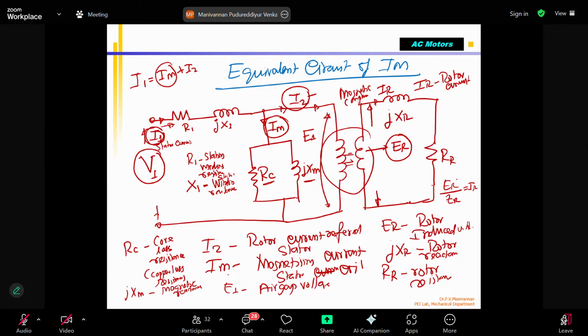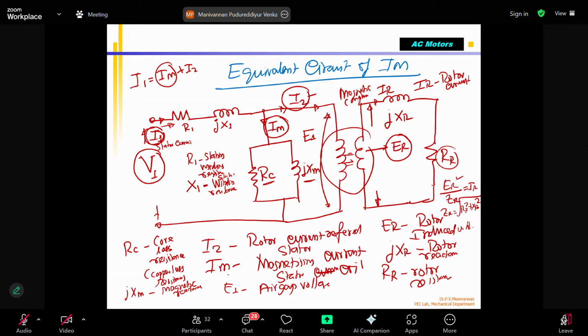IR is the rotor current, ER is the induced voltage. ZR is the square root of R squared plus XR squared, where R is the rotor resistance and XR is the rotor reactance. Okay, go to the next slide.